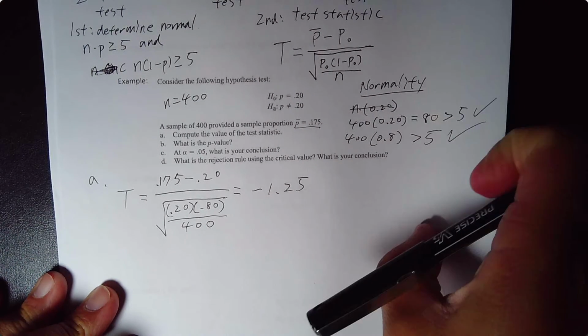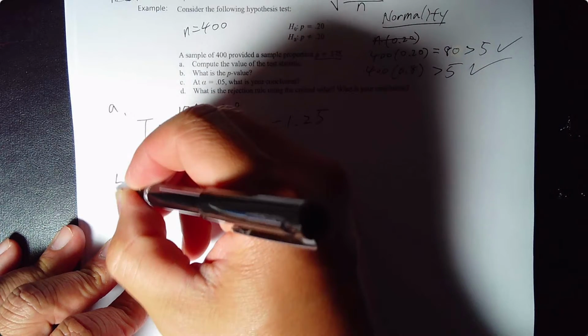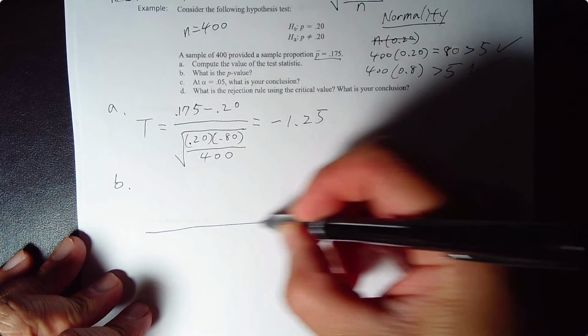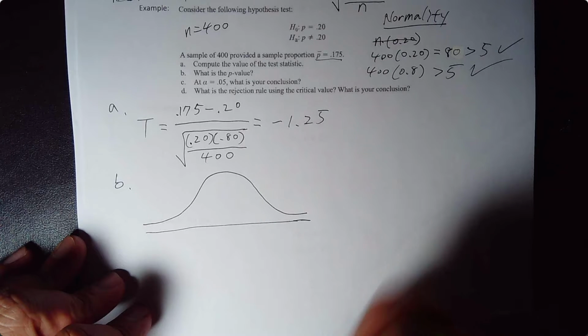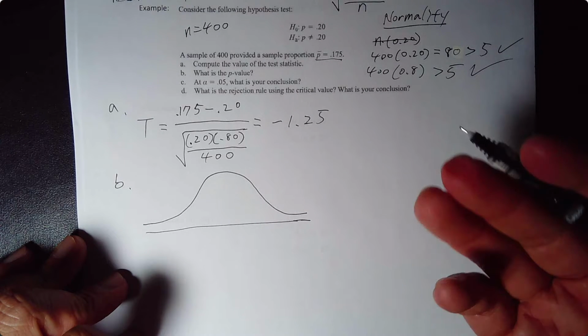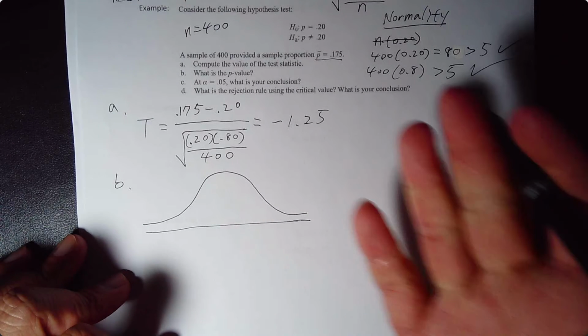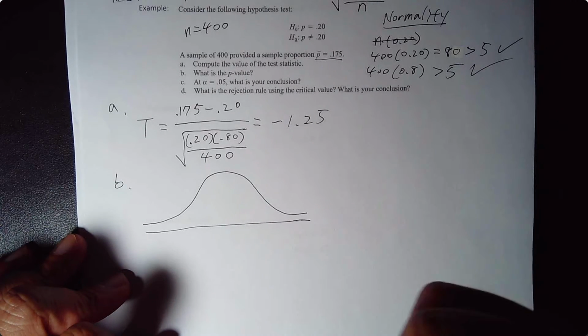Now, part B, the p-value. Here we don't have to worry about whether or not we have sigma, the population standard deviation, because we're dealing with proportion. So we'll always use the z distribution.